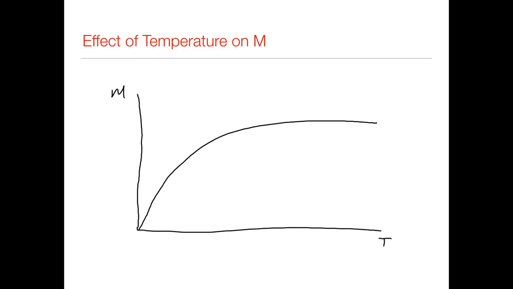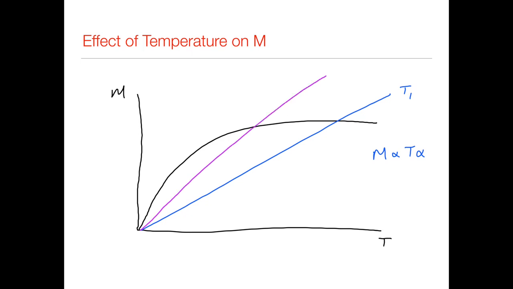We saw there that M is proportional to T times alpha with a bunch of other constants. So if I'm at fairly low temperatures, maybe I've got a line looking something like this. Let's call that T1. Then let's go to a higher temperature, call that T2, and maybe another temperature, T3. Just to recall, T3 is greater than T2, which is greater than T1.